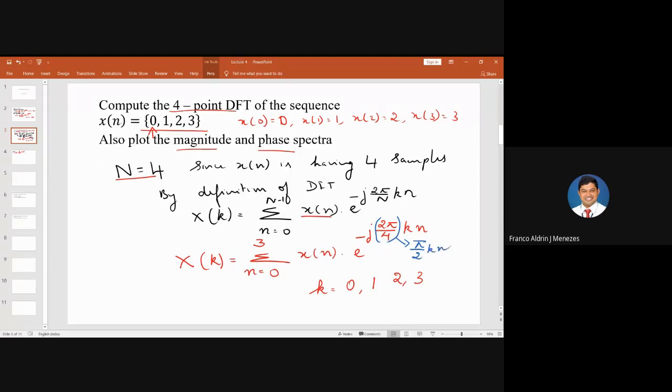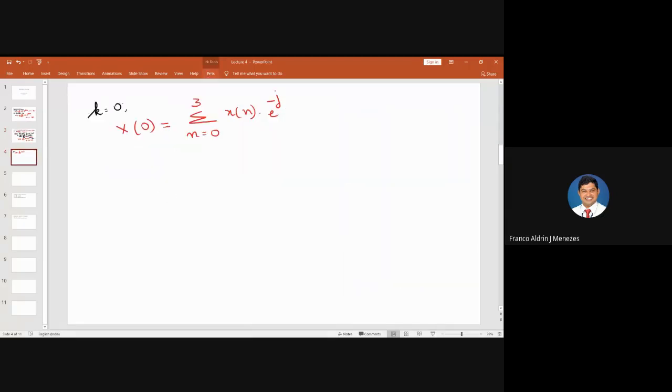So here I will substitute it. In this particular expression, I will take it as pi by 2 k, k is equal to 0, whatever we have substituted. So this will be 0 into n.